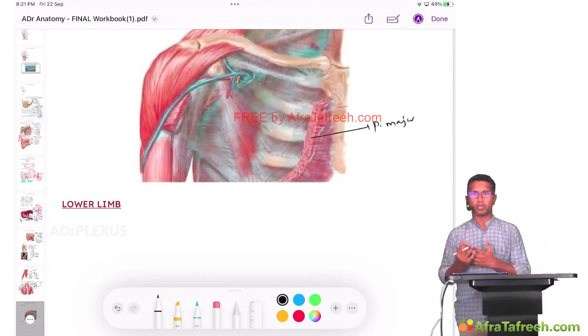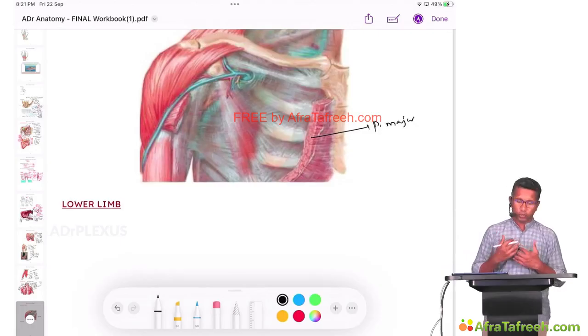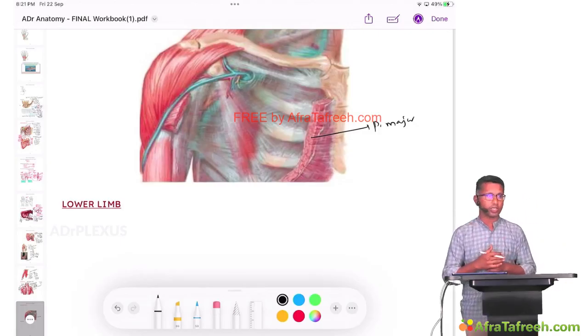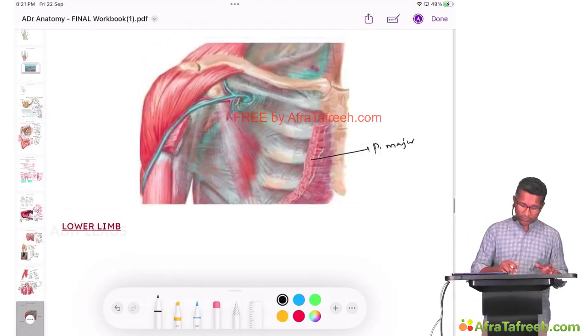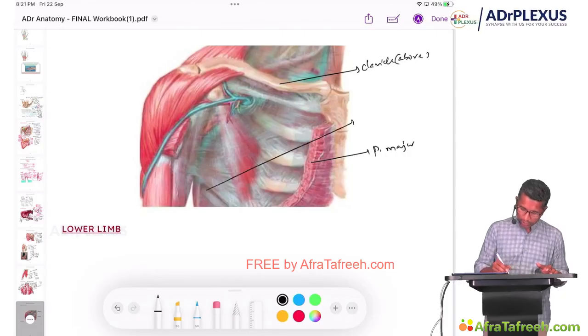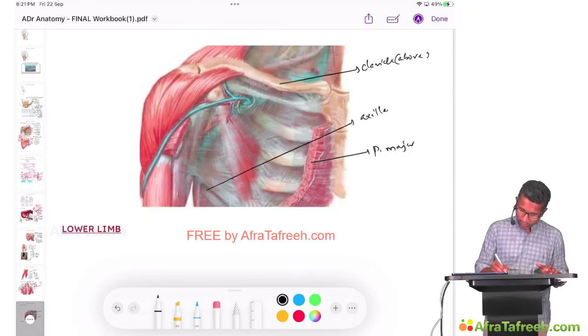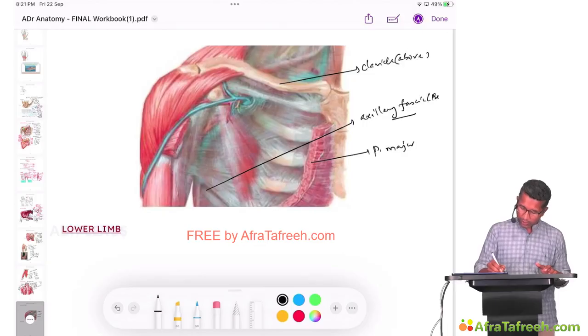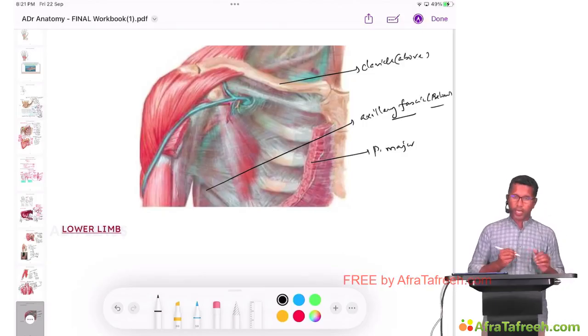When you cut open the pectoralis major muscle, deep to it you can see a thin fascia which is called clavipectoral fascia. It is attached to the clavicle above, and below it is attached to the axillary fascia.